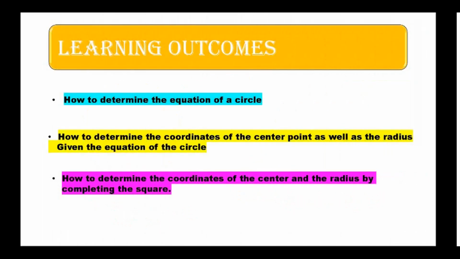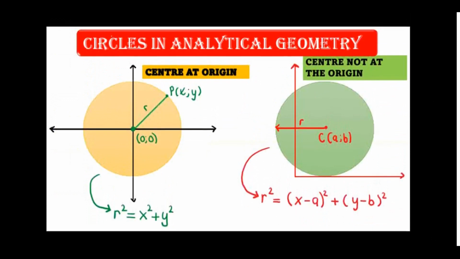So let's talk about the learning outcomes for this video tutorial, or what you should be able to do after watching it. You should be able to determine the equation of a circle from these two scenarios: when the center is at the origin, and when the center is not at the origin.